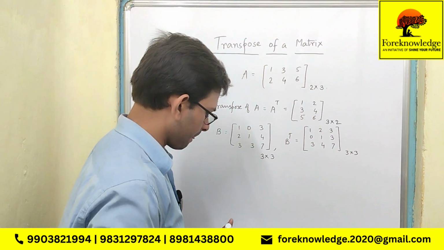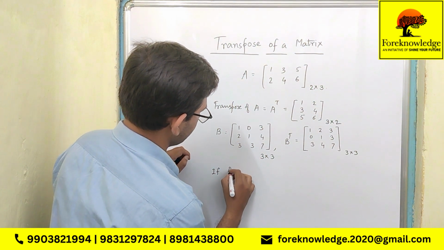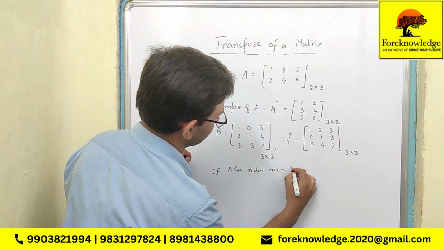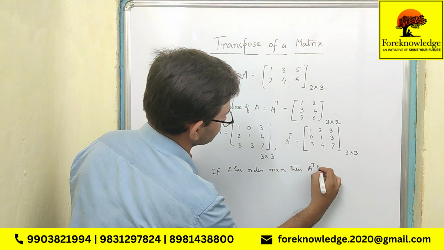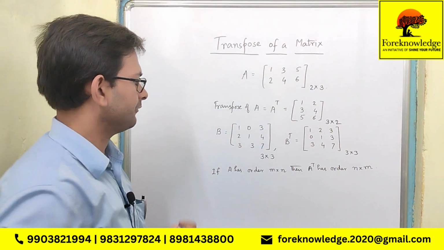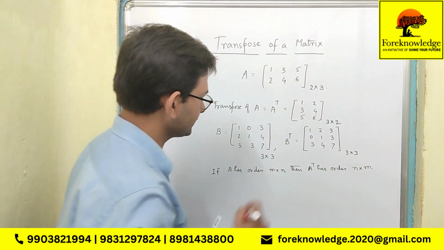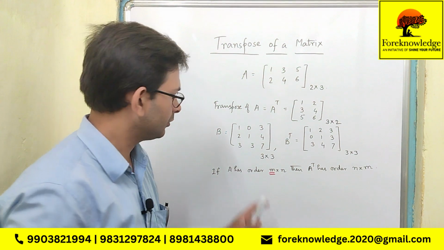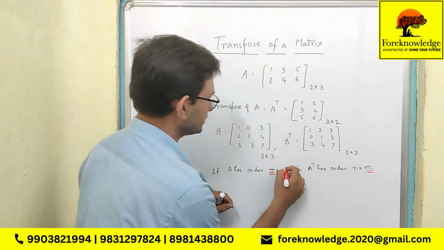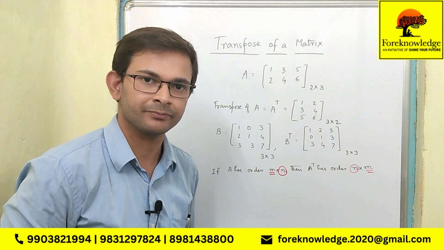One point: if A has order M cross N, then A transpose has order N cross M. What was the row in the original matrix is now the column in the transpose matrix, and what was the column in the original matrix is now converted to a row.